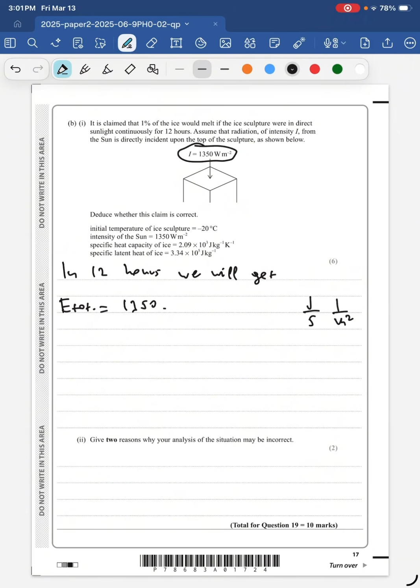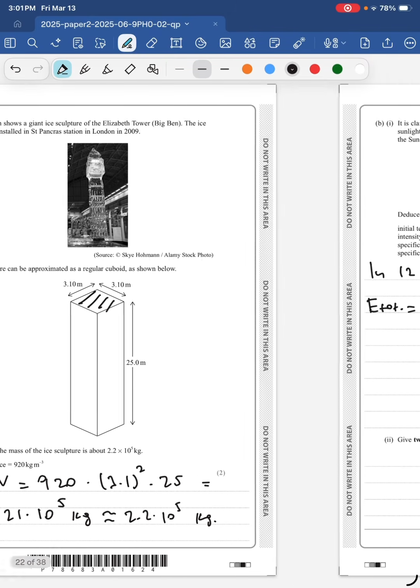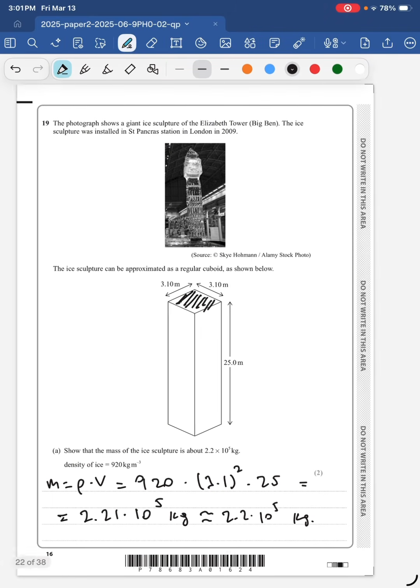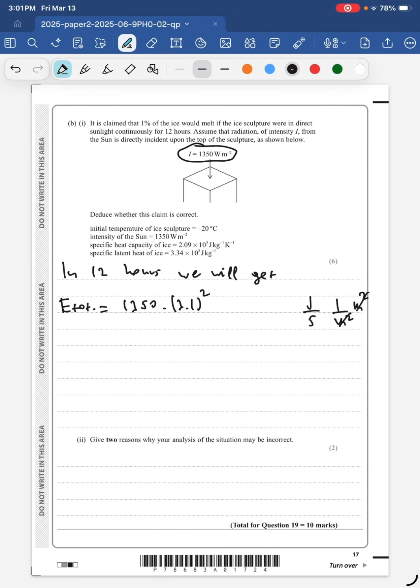So 1350 times 3.1 squared, and this is meter squared, that's the surface area pretty much, okay? So meters cancel. And then in 12 hours is 12 times 60 minutes times 60 seconds per hour. So we have seconds here, so everything cancels. So the available energy to us is 5.6 times 10 to the 8 joules.